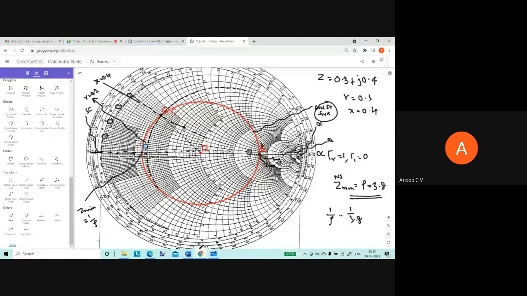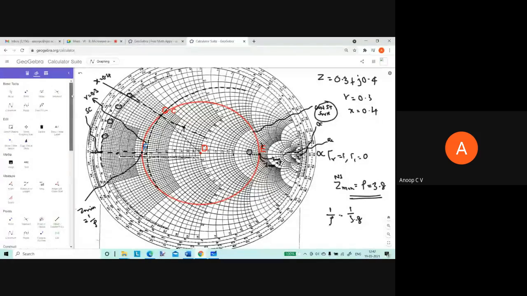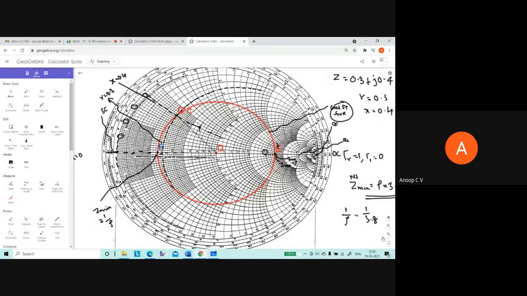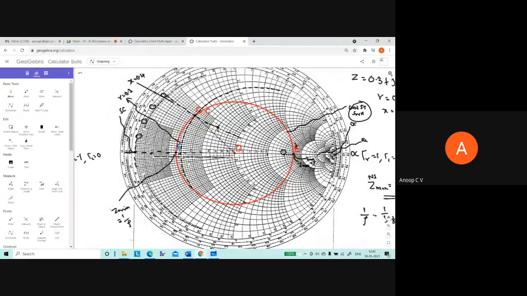Can anyone tell me what is 1 by 3.8? 0.263. So this point should be somewhere around 0.26.